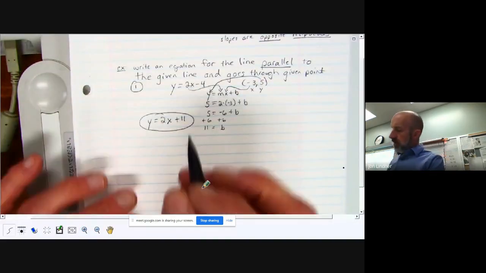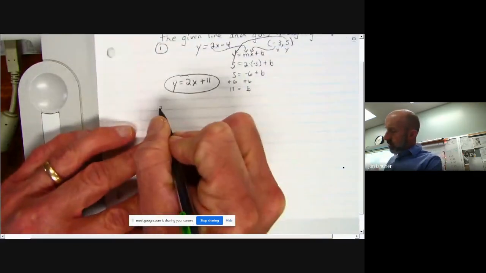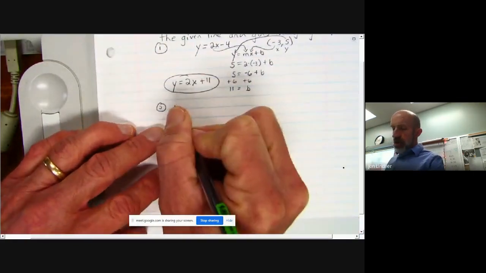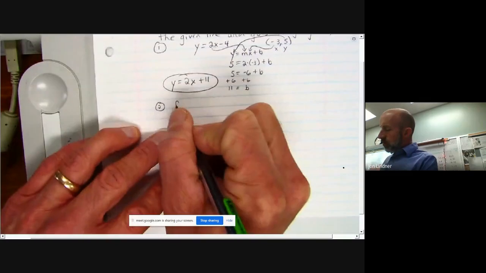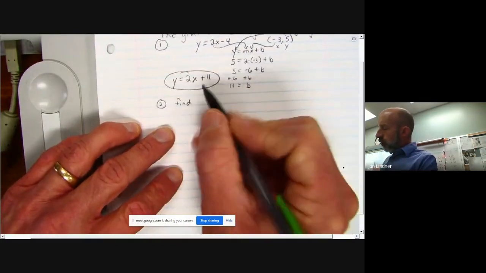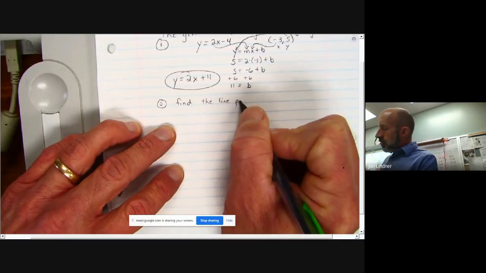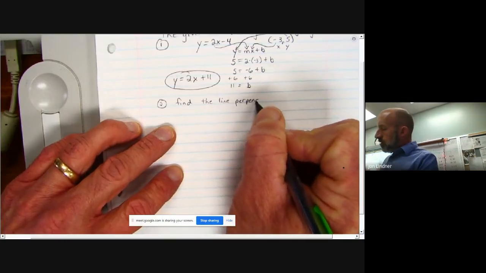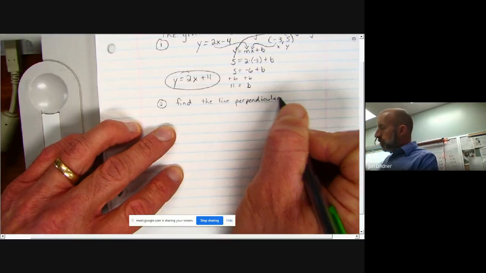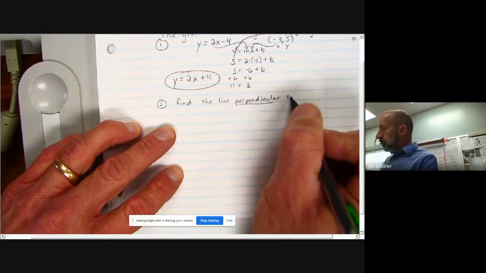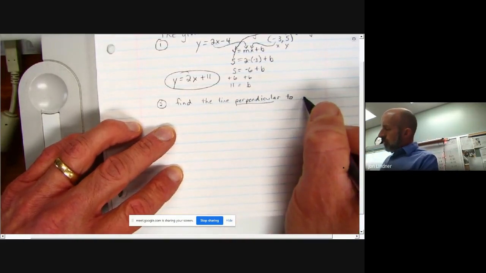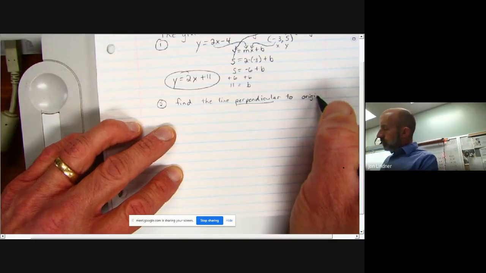So we'll call this example 2. And we'll just say, we'll shorten our instructions. We'll say find the line perpendicular to the original line.